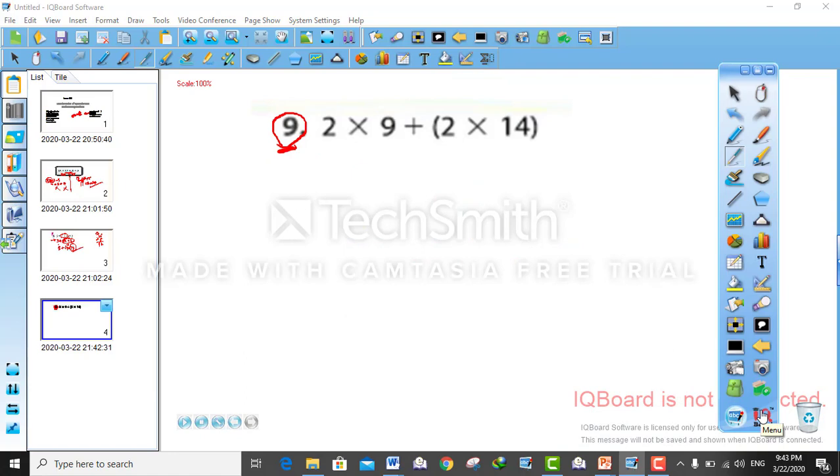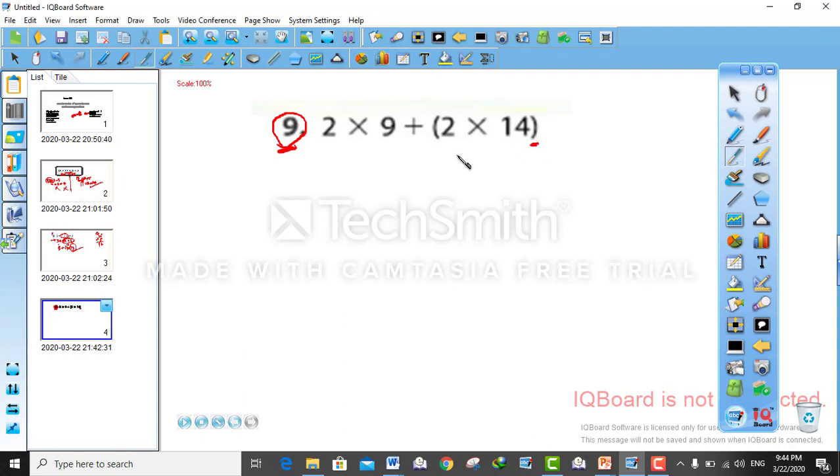In question number 9, we have here multiplication, addition, and another multiplication. Which multiplication? We know that multiplication is stronger, but which multiplication should I start with? Is it 2 times 9 or 2 times 14? The answer is we have to start with 2 by 14. Why?